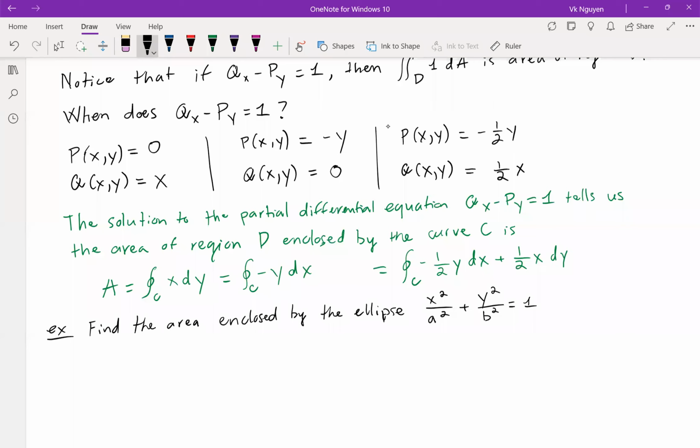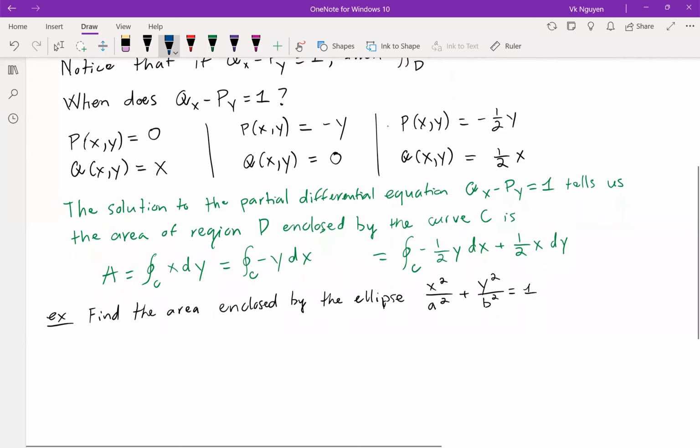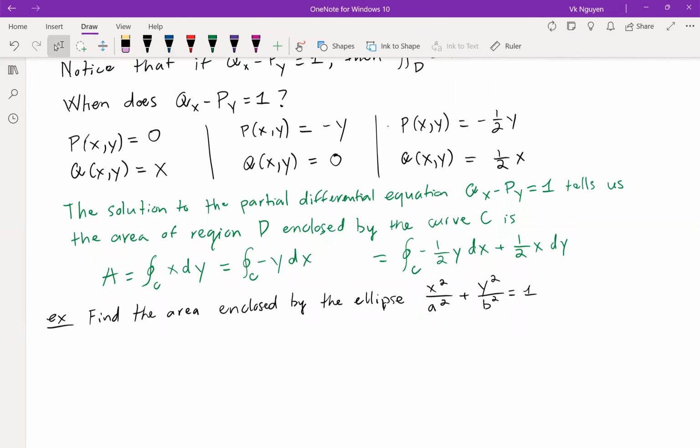Well, in order to do this, you've got to parameterize the ellipse. Which formula do you want to pick here? It doesn't matter which one. You can try the other one. I just pick x dy here because it looks pretty simple.